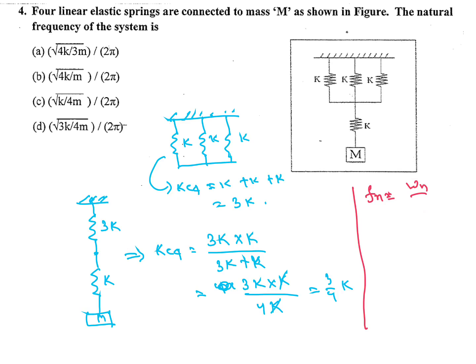So omega n is root over K equivalent by m. 1 by 2 pi root over K equivalent, which is 3 by 4 K, divided by mass m. So from the options we have to check. D is our answer. Root over of 3K by 4m into 1 by 2 pi. D is our answer.